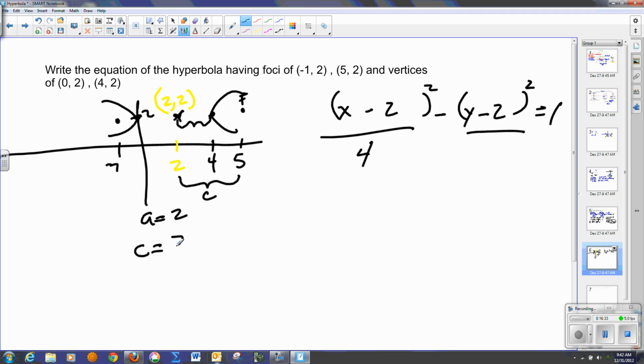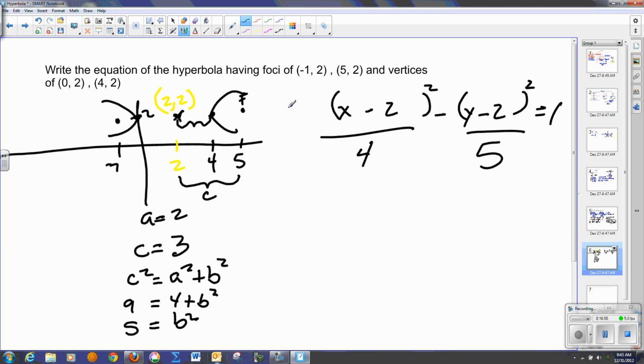So that ends up being 3. So therefore, if c squared equals a squared plus b squared, then I have 9 equals 4 plus b squared. And b squared ends up being equivalent to 5. So I'll put that 5 over here, and now I have my equation.